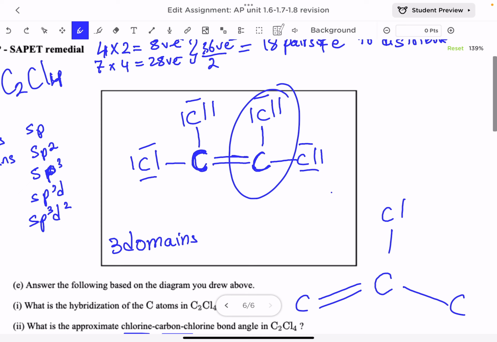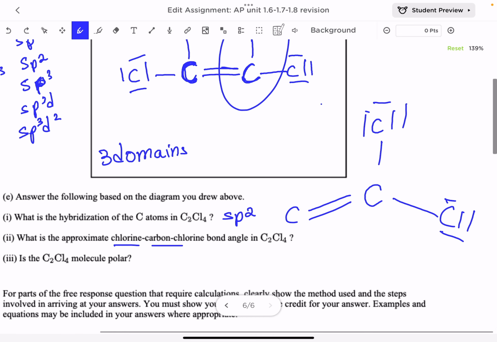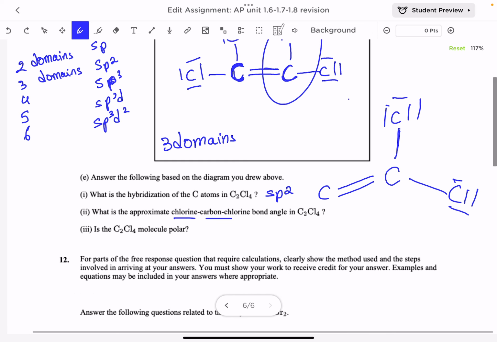So this is trigonal planar, and the angle of a trigonal planar is approximately 120. Now this angle could be a little bit less due to the double bond, but it's not asked. So approximately 120 angle.